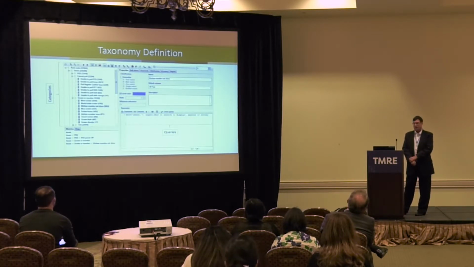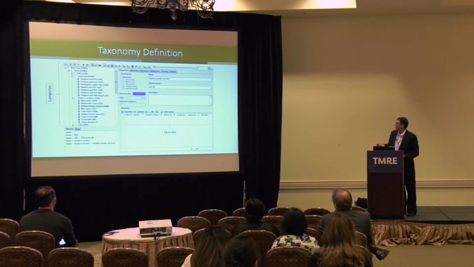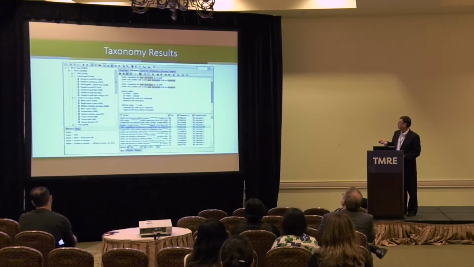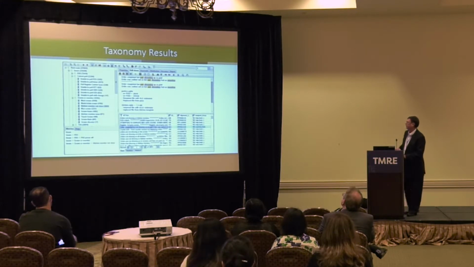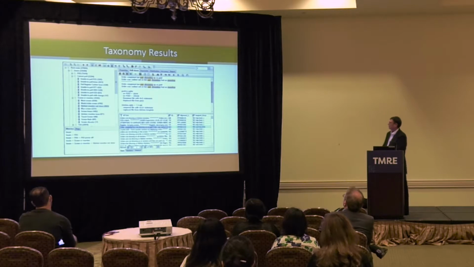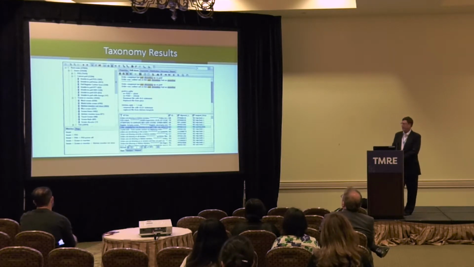And we can tweak that and modify that any way we'd like to make it more accurate. Here's an example where we're looking at kitchen monitor not showing, and that's the macro that was creating that sentence. And if we want to drill into that, you can see several examples of how it was used in context. And you can always go back and adjust that if that's not accurate.